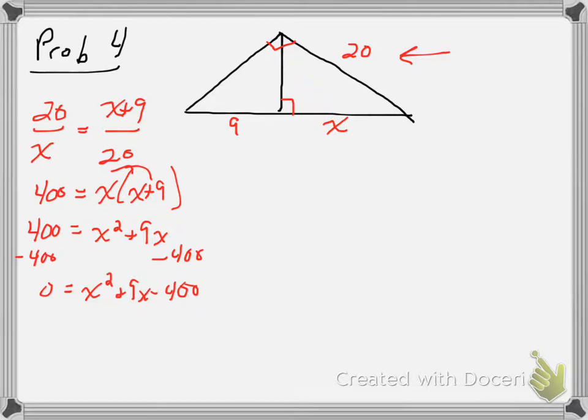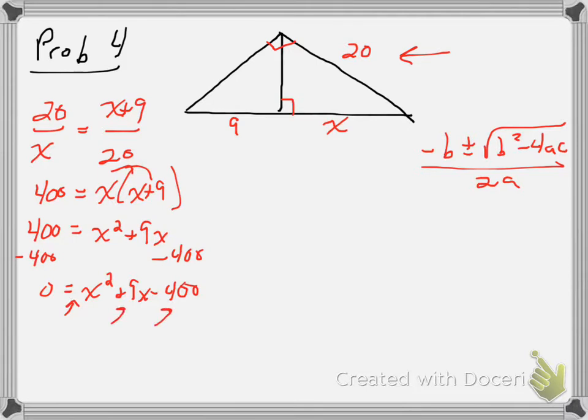I would use the quadratic formula, which in this case is negative b plus or minus the square root of b squared minus 4ac, all over 2a. A little throwback to algebra. Remember, what's in front of the x squared is the a, in front of the x is the b, and the last part is the c.